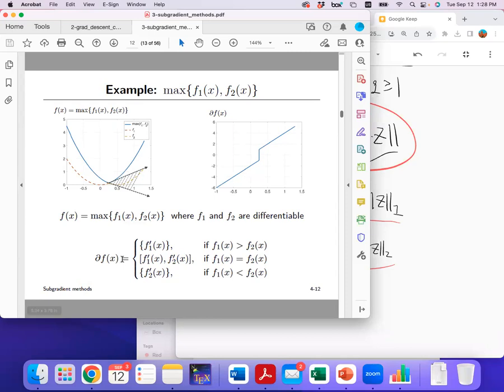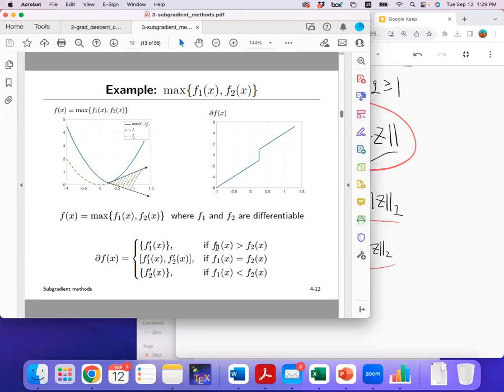Then for the subdifferential of this function, you can see that this part is differentiable, this line is differentiable, but this point is not differentiable because the slope doesn't match at that point.